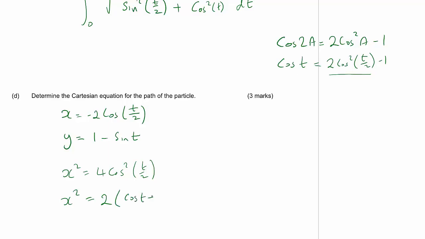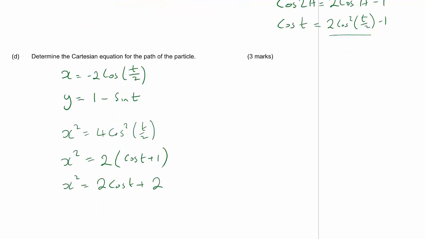So cos t plus 1. And so x squared is going to be 2 cos t plus 2, which gives me that cos t is equal to x squared minus 2 divided by 2.